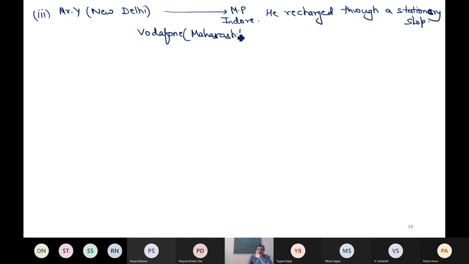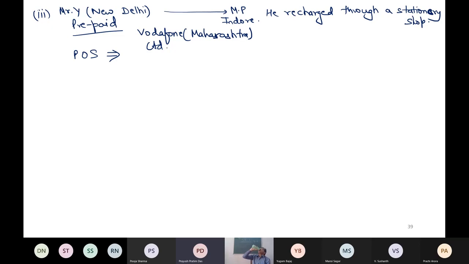What is the place of supply? Can you tell me the place of supply? Prepaid connection. Recipient New Delhi. When he was in Madhya Pradesh, he got recharged through a stationary shop, and the company was Vodafone. Now, can you tell me the place of supply? Anyone who can tell me? Madhya Pradesh.